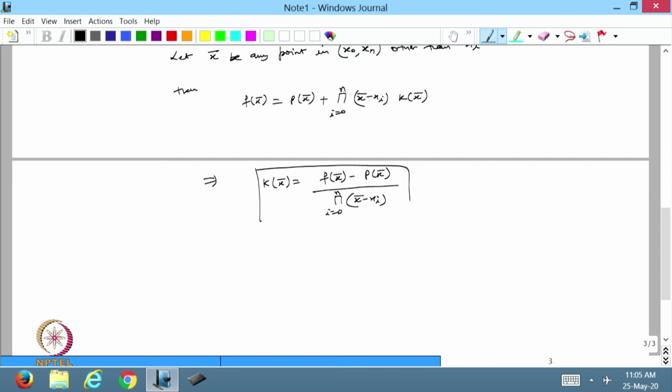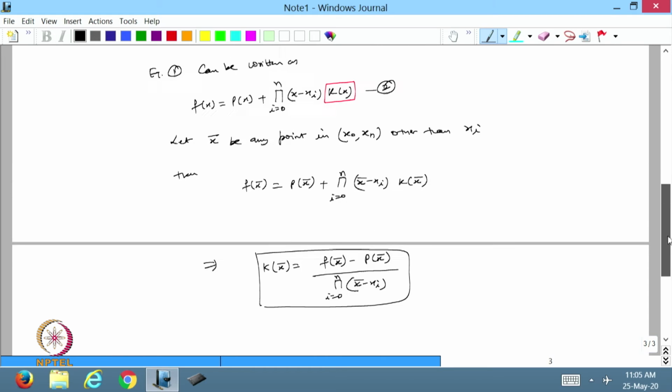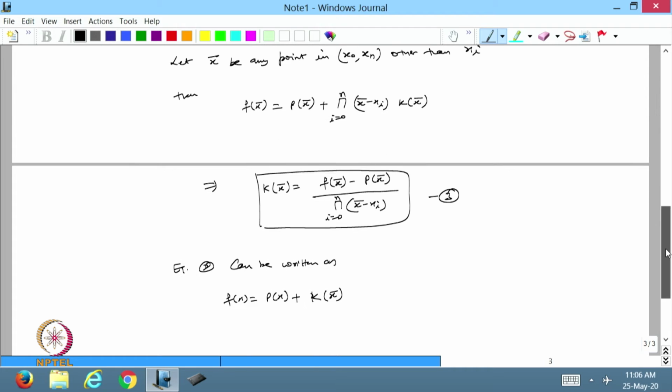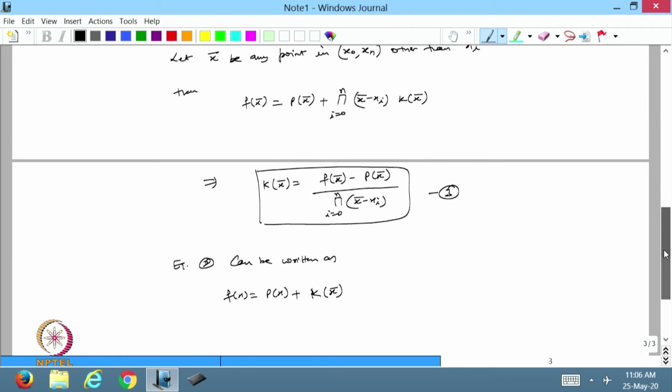This is my equation number 3. So, equation 2 can be written as f(x) is equal to p(x) plus k(x bar) into the product, and I call this equation 4.